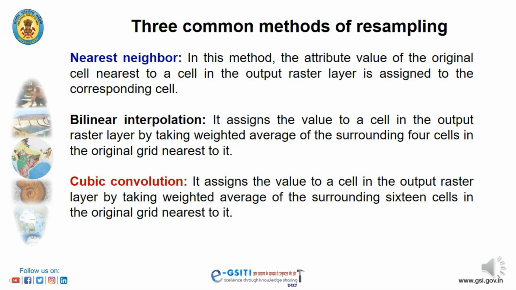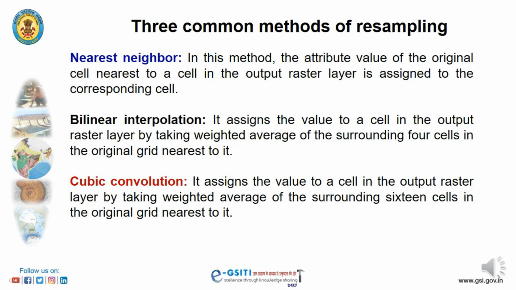Nearest neighbor: in this method, the attribute value of the original cell nearest to a cell in the output raster layer is assigned to the corresponding cell. Whereas in bilinear interpolation, it assigns the value to a cell in the output raster layer by taking a weighted average of the surrounding 4 cells in the original grid nearest to it.